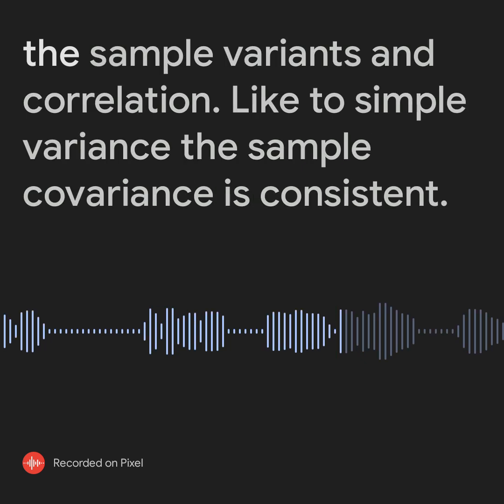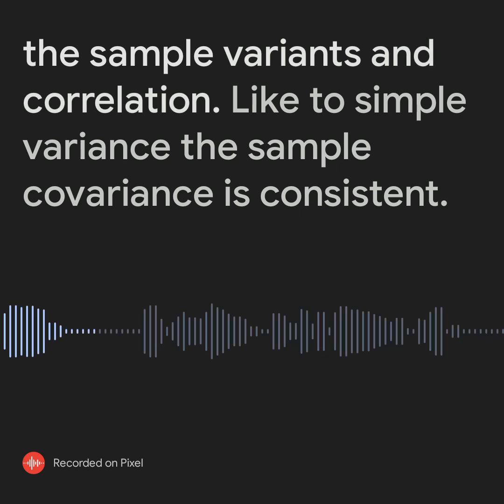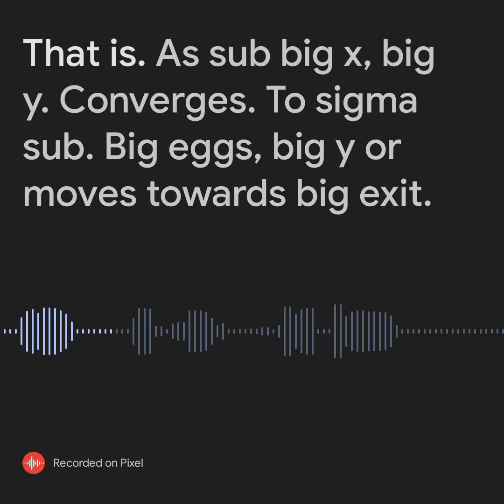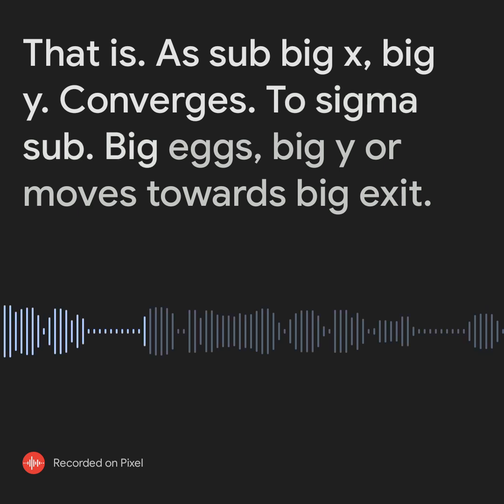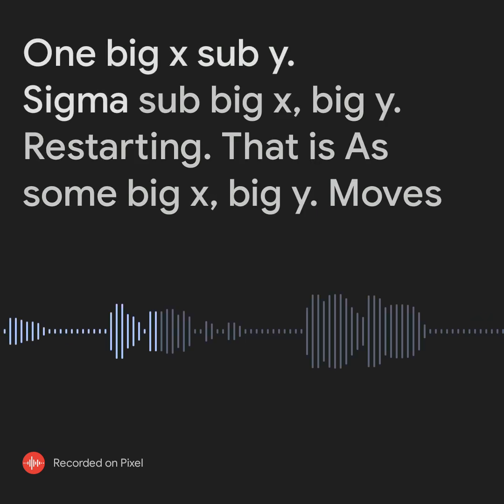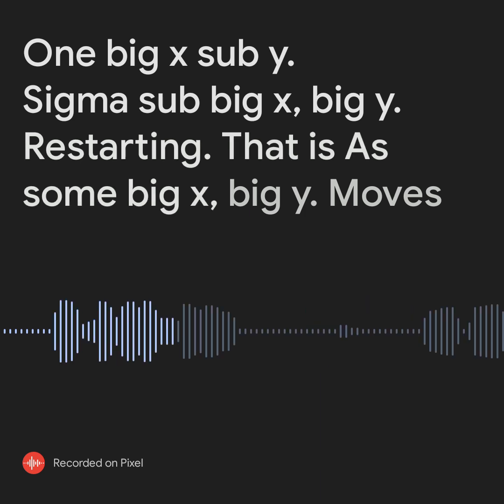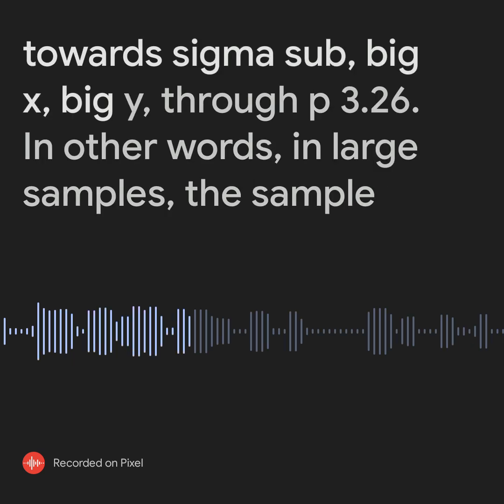Consistency of the sample variance and correlation. Like the sample variance, the sample covariance is consistent. That is, S sub XY converges to sigma sub XY, that is, S sub XY moves towards sigma sub XY in probability (equation 3.26).